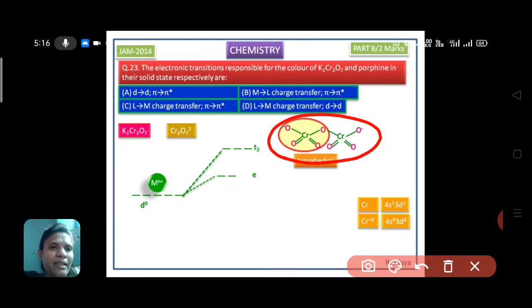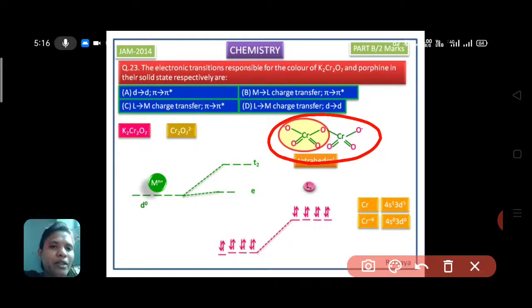Now, when there is a disturbance in degeneracy, the d orbitals divide into Eg group and T2g group. There is a bifurcation of d orbitals into 2 orbitals at the Eg level and 3 orbitals at the T2g level, and these are the electrons from ligands.